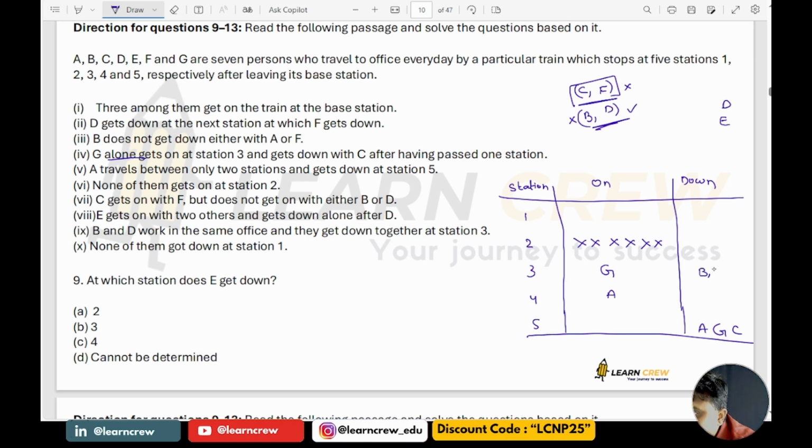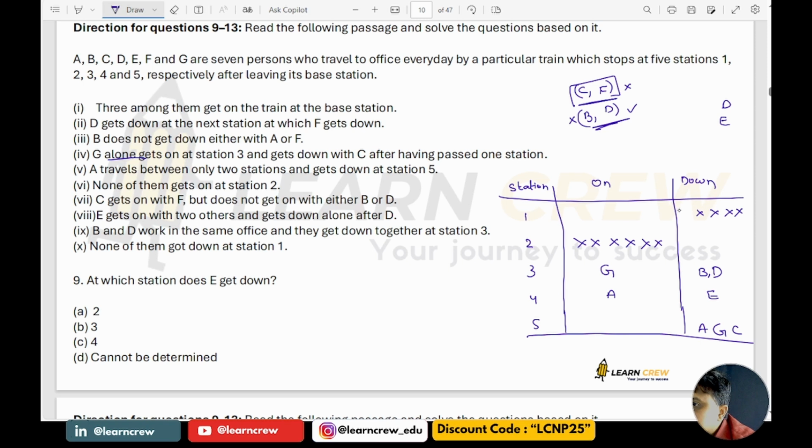So E is after D. E gets on with 2 others and gets down alone after D. Next, it is already used. None of them got down at station 1.